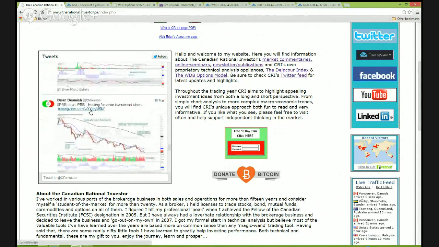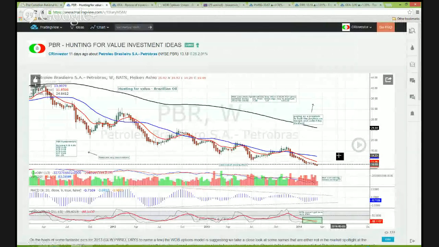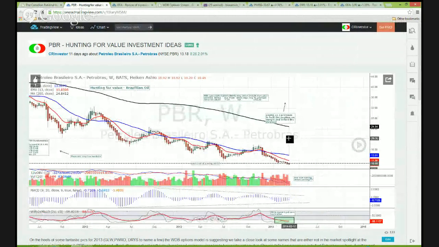There it is. So the WDB told us to start getting interested here when the stock was $10.46. That's when the market started to tell us to pay attention.